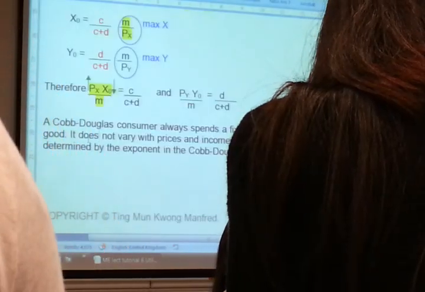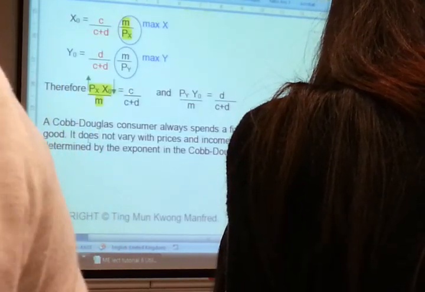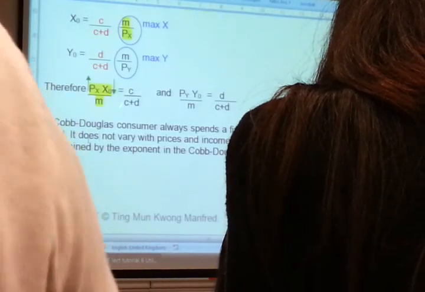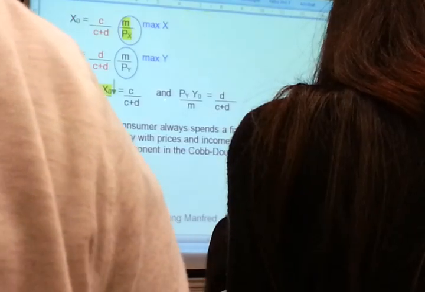So that means what? If the fraction is a constant, which means if the price of X rises, by right this must go up. It cannot go up in mathematics because this is a constant. So therefore, if this goes up, since this cannot go up, that means this must come down by the same amount.